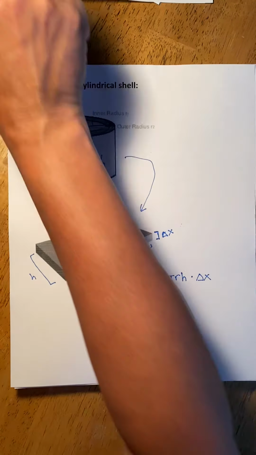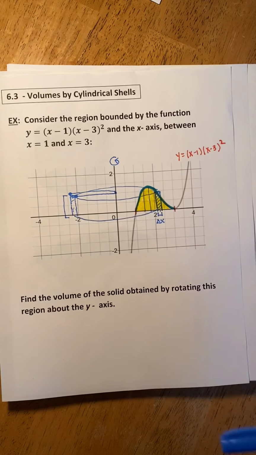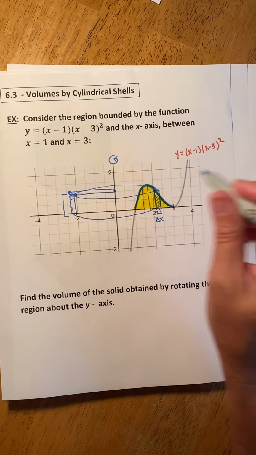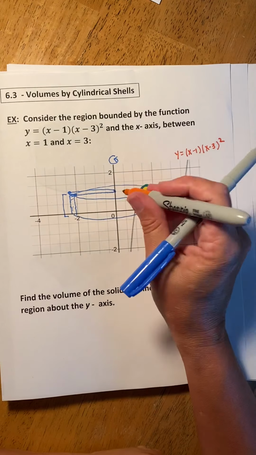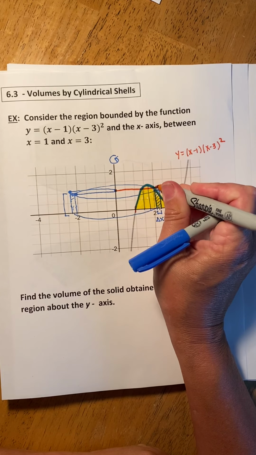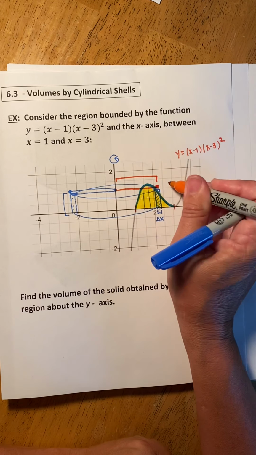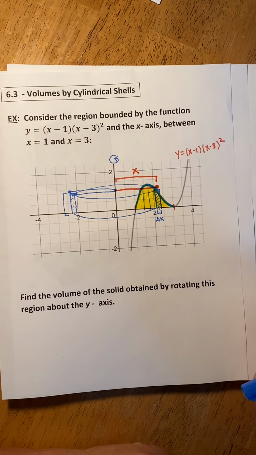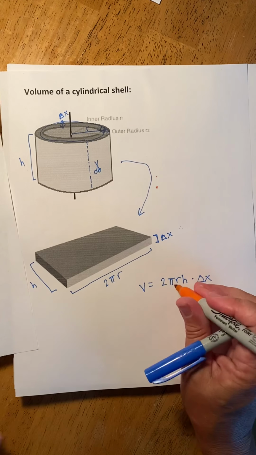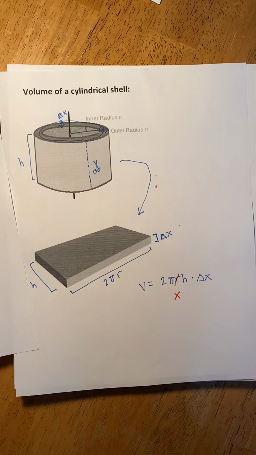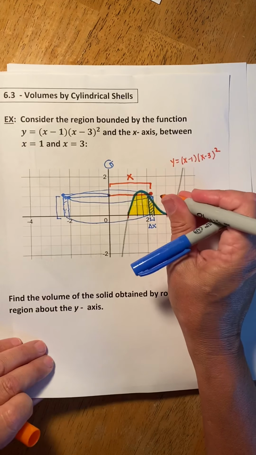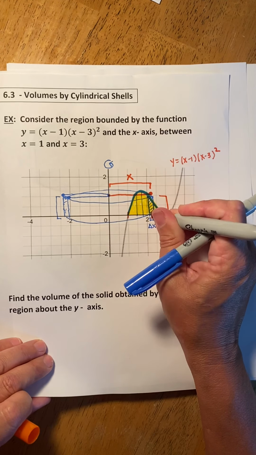Now let's look back at this guy. Delta x is going to be the width. Notice the radius of this is from here to here, and that's just whatever value it reaches on the x-axis. So the radius is just x. So we're going to replace r with x. And then the height of the cylinder depends on this value of x.